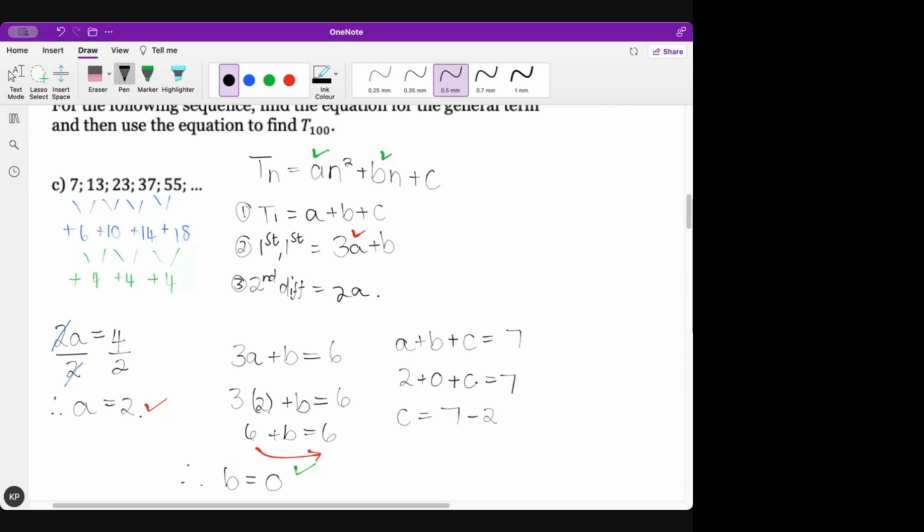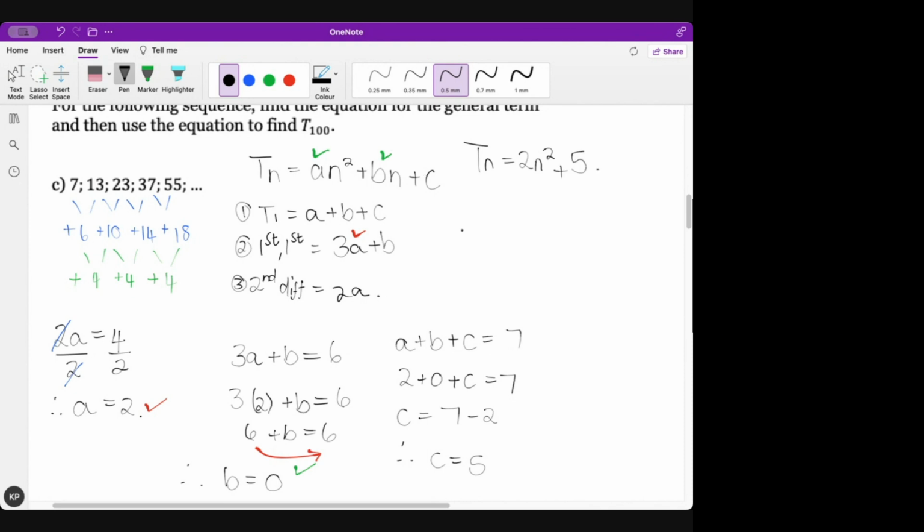The 0 is just gone. That means c is 5. So my general formula is 2n squared. b is 0. What happens to the whole middle term if b is 0? My whole middle term falls away. Thank you. And then plus c, which is 5.